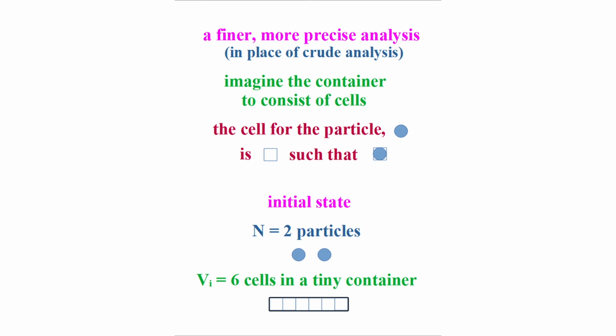Let us say that the initial state corresponds to Vi of a tiny container consisting of just 6 cells and n equals just 2 particles in that volume Vi to make the analysis simple enough.